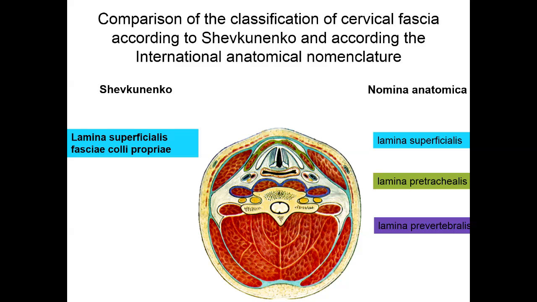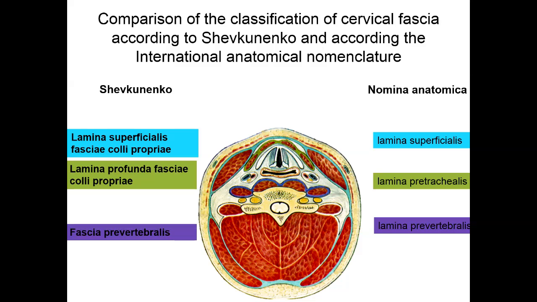And it's clearly seen that several of them, 3 of them, correspond to fascial laminae of international nomenclature. So lamina superficialis fascia colli propria is practically the same as lamina superficialis in nomina anatomica. Then lamina profunda fascia colli propria corresponds to lamina pretrachealis.